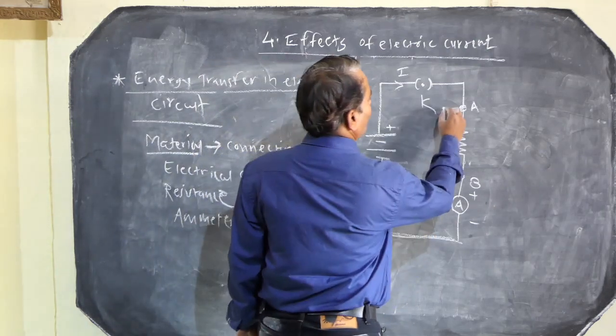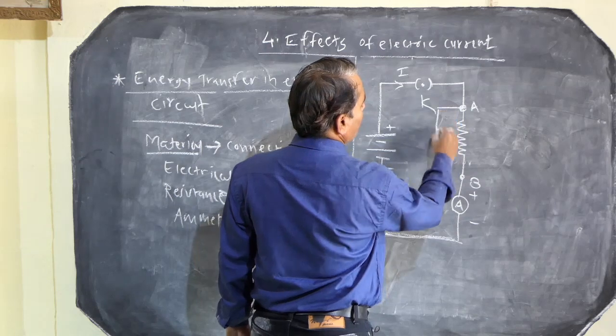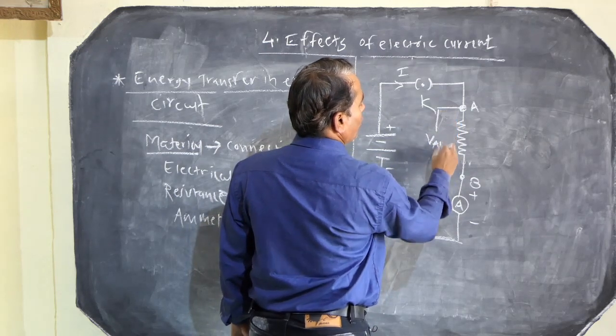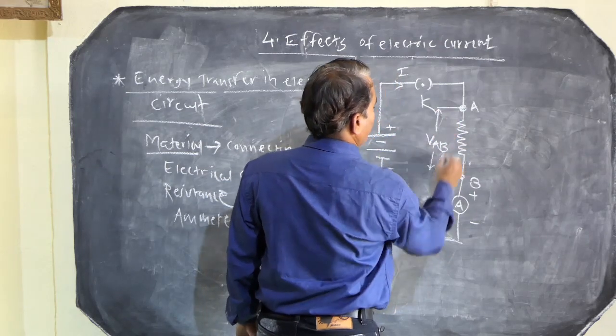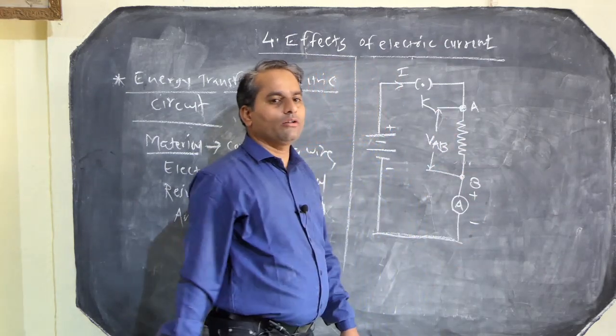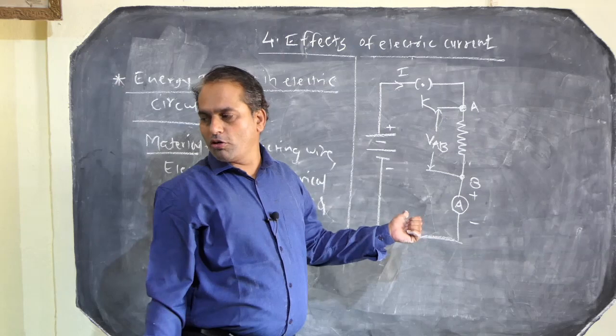Now we have to measure the potential across terminals A and B. We measure it with the help of our voltmeter.